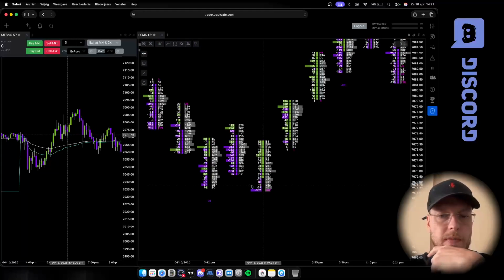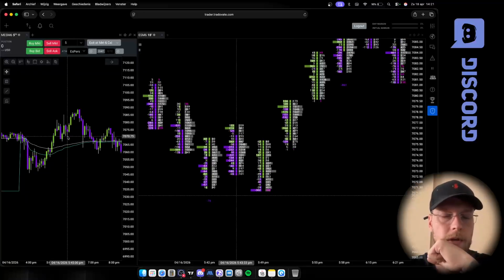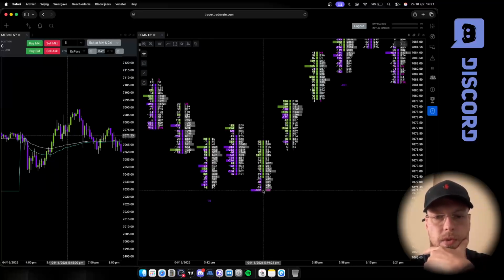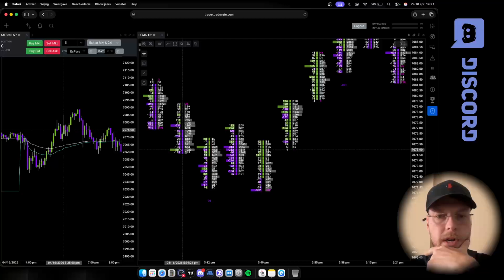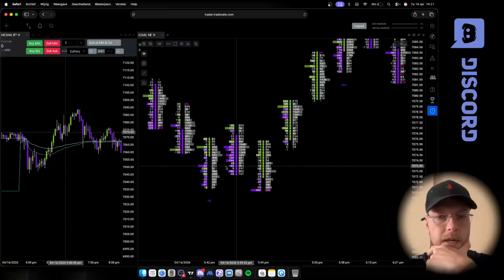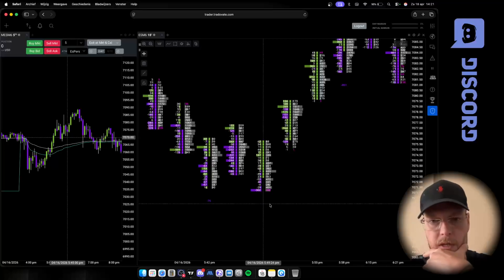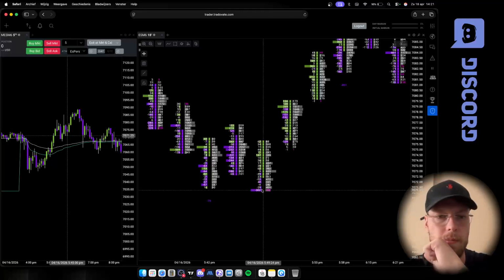Here we are even further from the VWAP, but order flow wise, this is a reason to go long, and we have huge buying delta here. Minus 302 in the bottom, in the lowest of the candle.